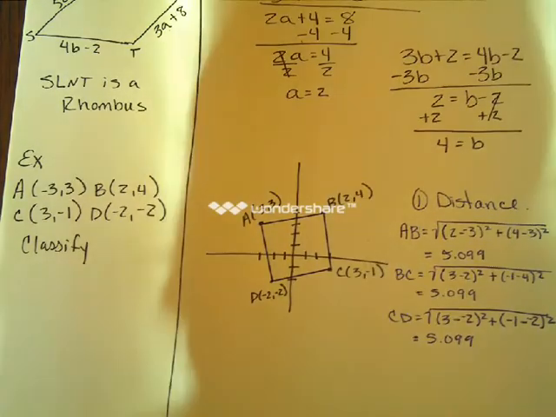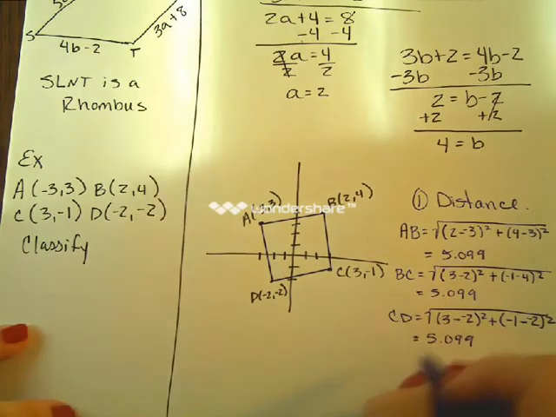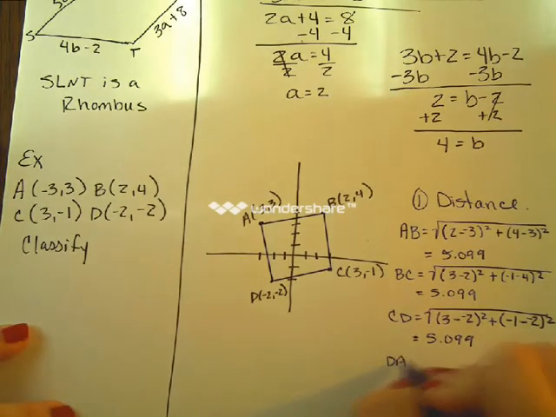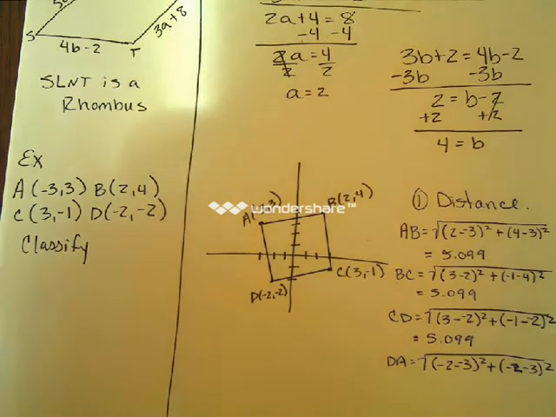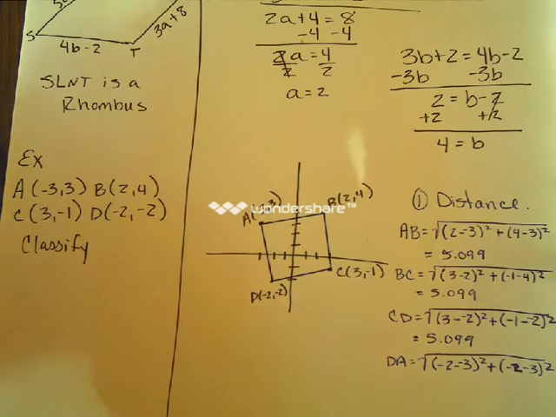And last one. -2 minus a -3 squared plus -2 minus 3 squared. And again, I get 5.099.